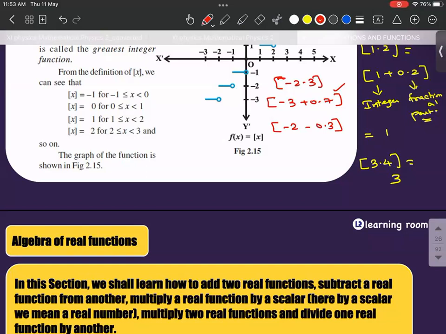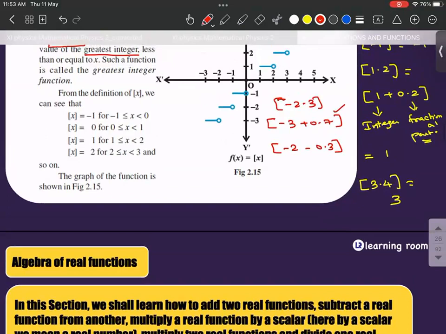I told you integer part and the fractional part. The fractional part should always be written as a positive value. So in which case is the fractional part taking the positive value? Minus 3 plus 0.7. So I should take this into consideration. The other is wrong.